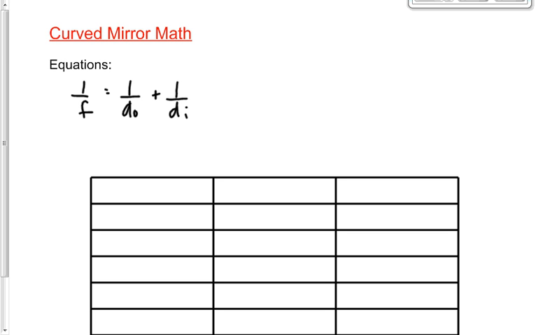We call that the mirror equation. In a few days, we'll call it the lens equation. But for now, we're going to call it the mirror equation. The second one says m = hi/ho, and it's also equal to -di/dO.